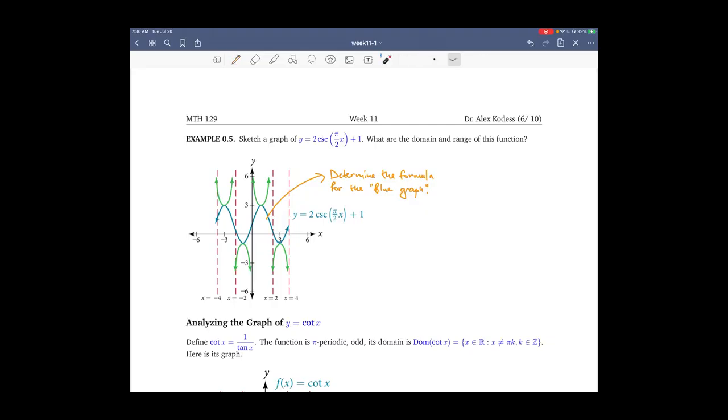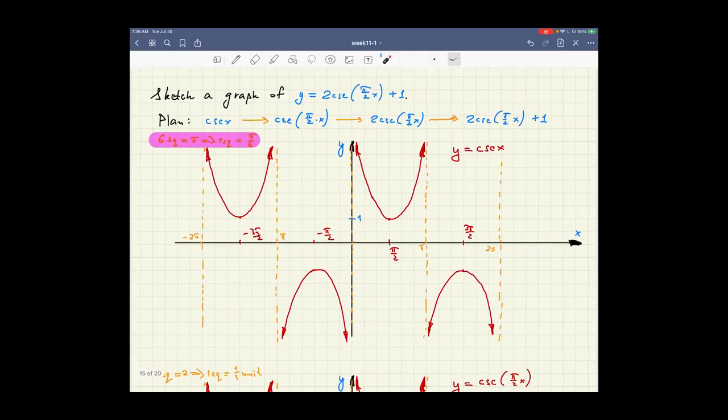In the second example, we need to draw the graph of 2 cosecant pi over 2x plus 1. Let's briefly discuss how we do that. Of course, we will start with the graph of cosecant x.